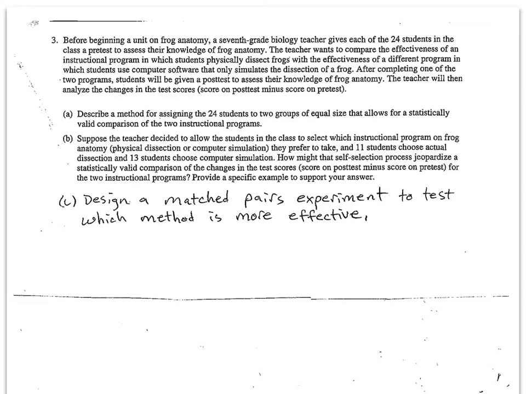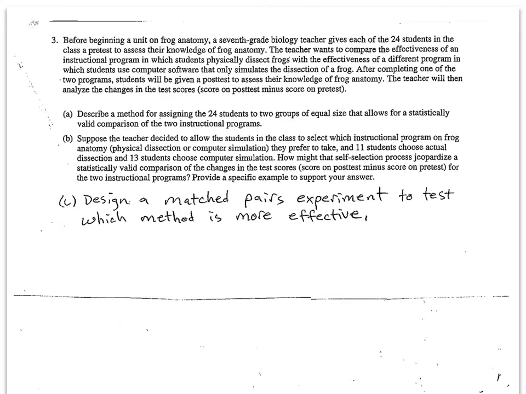So we basically got this 7th grade bio class, and we got 24 kids, and the teacher wants to figure out which instructional program is better, if the kids actually dissect frogs or if they do a computer simulation of dissecting frogs. So we need a little pre-test, post-test action, and we want to randomly assign the 24 kids into 2 groups of 12.